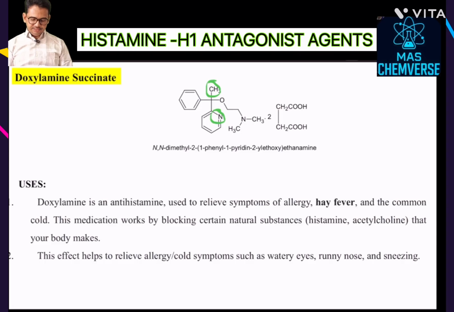I will write it the easy way. This is one phenyl. Here you observe one carbon, or you can write this phenyl group downside. This is the phenyl. Two phenyl groups came, and one has the heteroatom.